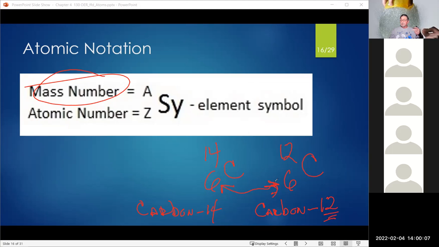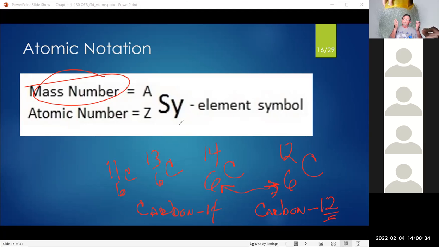Remember the AMU of a neutron is 1? So its mass number goes up by 2. And carbon-13 will be as follows, okay? And there's even a carbon-11. All of these are isotopes, 11, 12, 13, and 14, and they only differ from each other by the number of neutrons that they have.